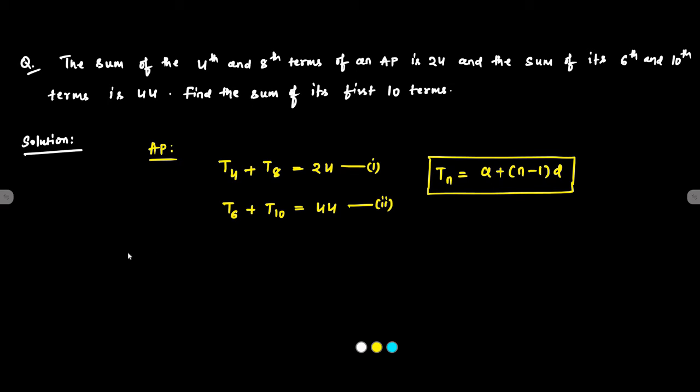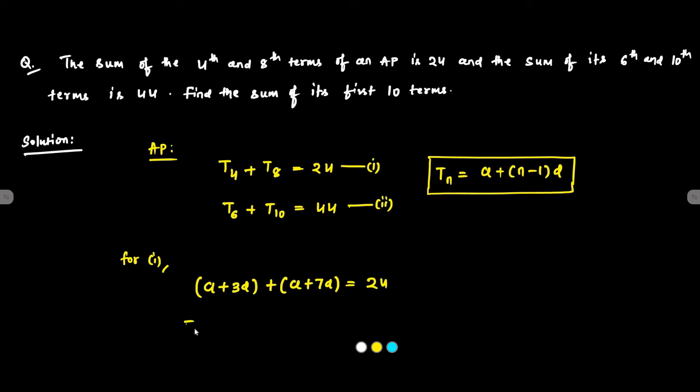So for equation 1, we can write in terms of A and D, T4 is equal to A plus (4 minus 1)D, so A plus 3D, plus T8, A plus (8 minus 1)D, so A plus 7D, that is equal to 24. T4 is A plus 3D, T8 is A plus 7D.